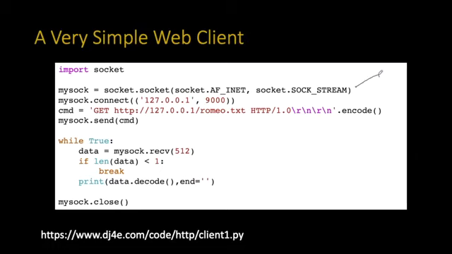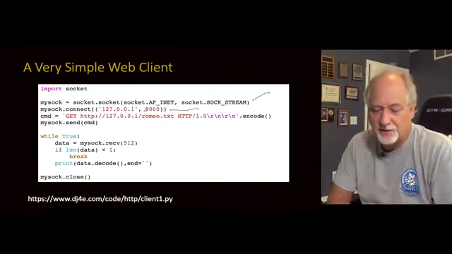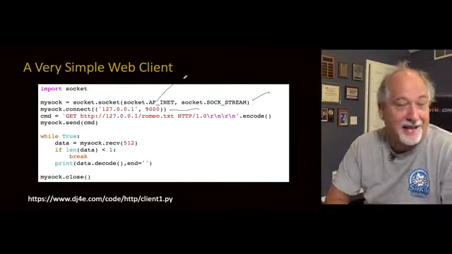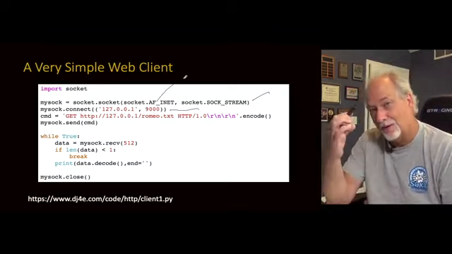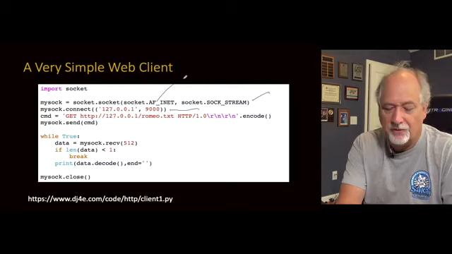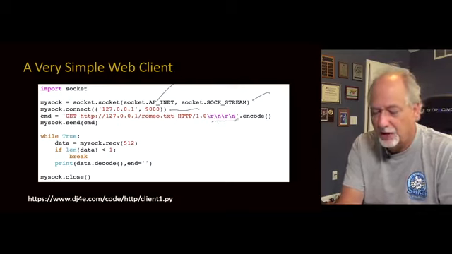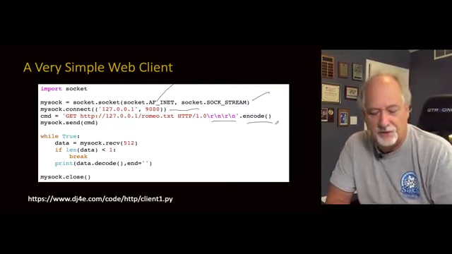We're going to make a phone. We're going to connect to localhost, 127.0.0.1, the IPv4 connection, what's called loopback, right to the same host. We're talking to port 9000 because that's where we've got our web server running, that little web server we just wrote. And then we're going to send a valid GET request, HTTP/1.0, and then two new lines, and we're going to encode it into UTF-8 before we send it.